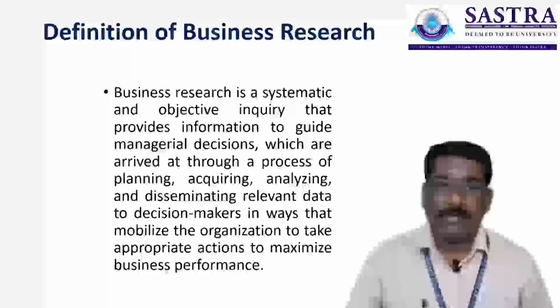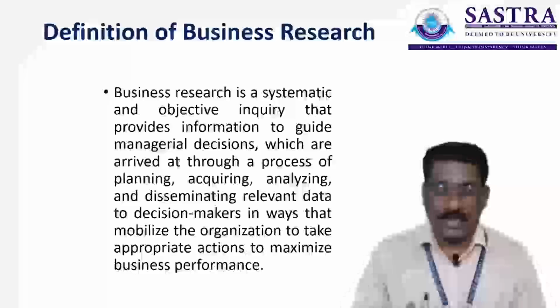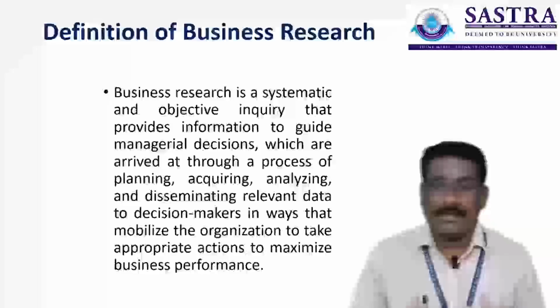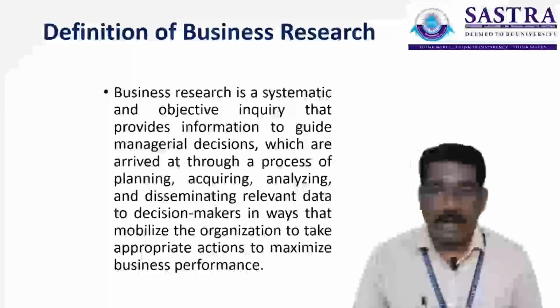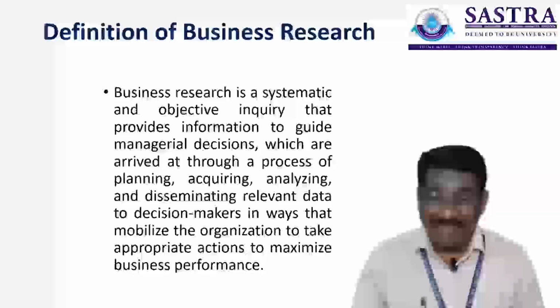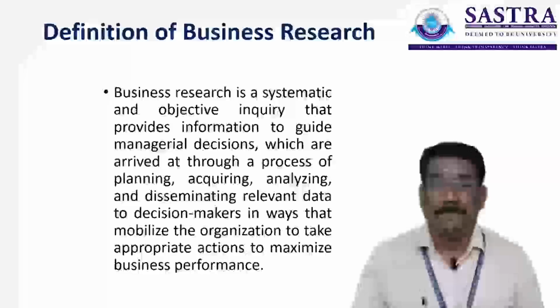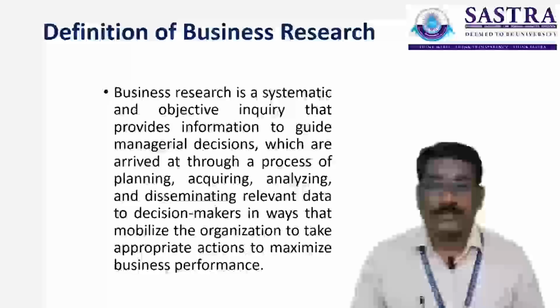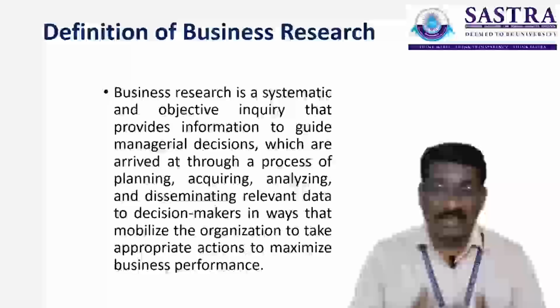Next one is, let's talk about, so I have given you an idea about what this research is all about. Let us talk about the specific definition aspect of business research. So the definition given here, you can see on the slide.